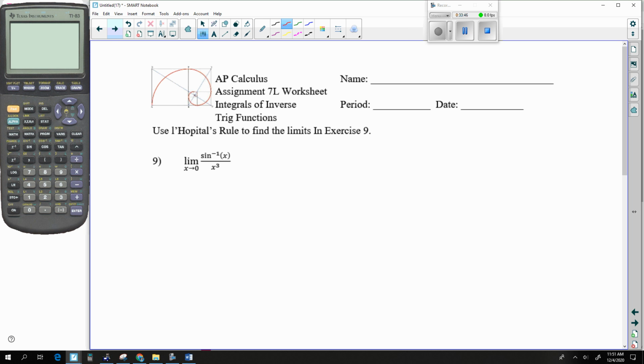Okay, L'Hopital's rule. I do a pretty good explanation on the answer key. Let me give you a quick definition of L'Hopital's. If I take a limit as x goes to something, I don't really care what, and I'll call the top f of x and the bottom g of x, of some fraction.